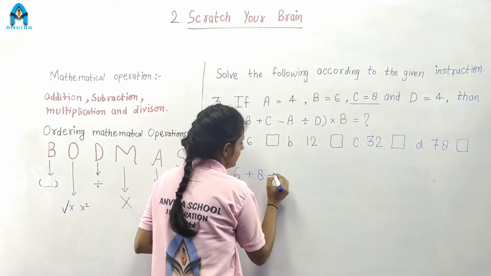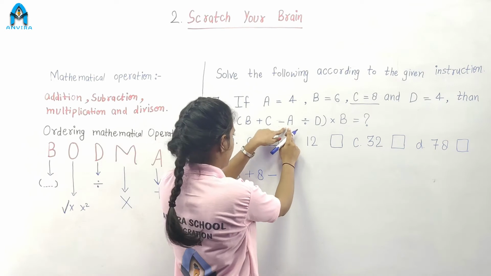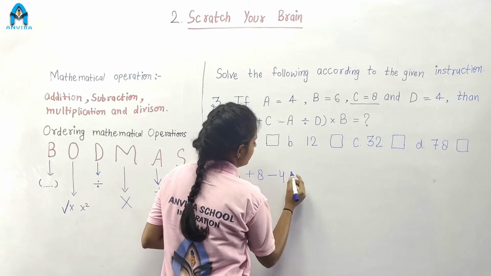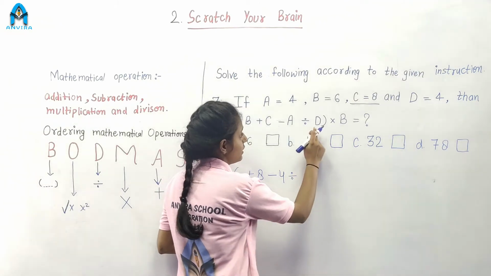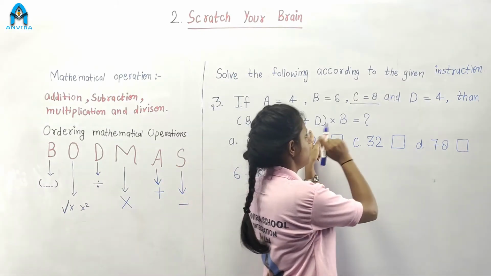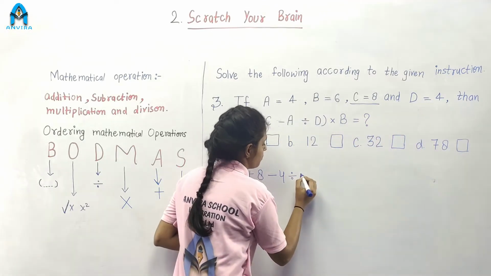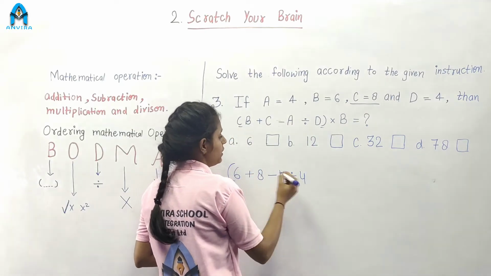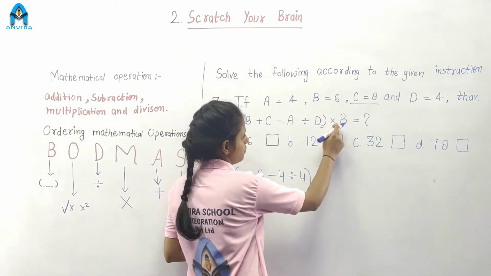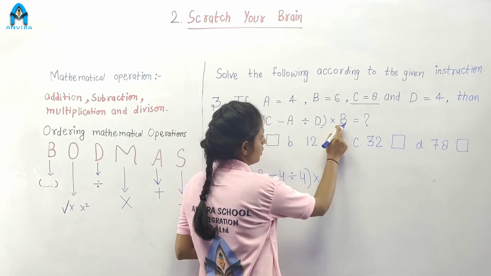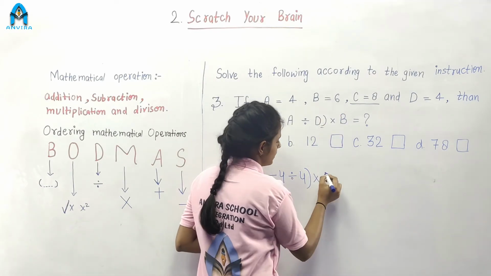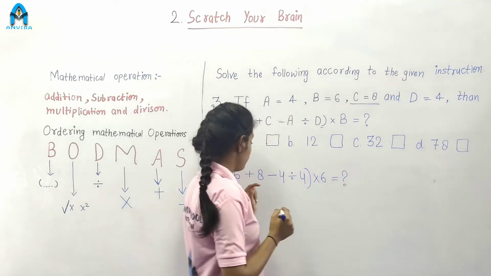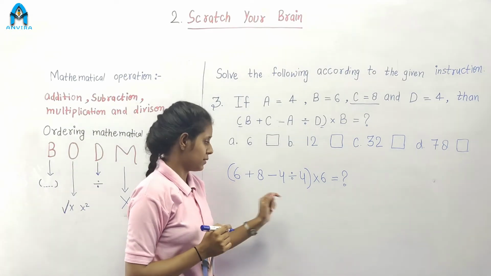Then minus A. A is equal to 4. Then divide. D. D is equal to 4. And brackets. Bracket open and bracket close. Multiplication. B is equal to 6. What is it equal to? We have to solve this sequence.